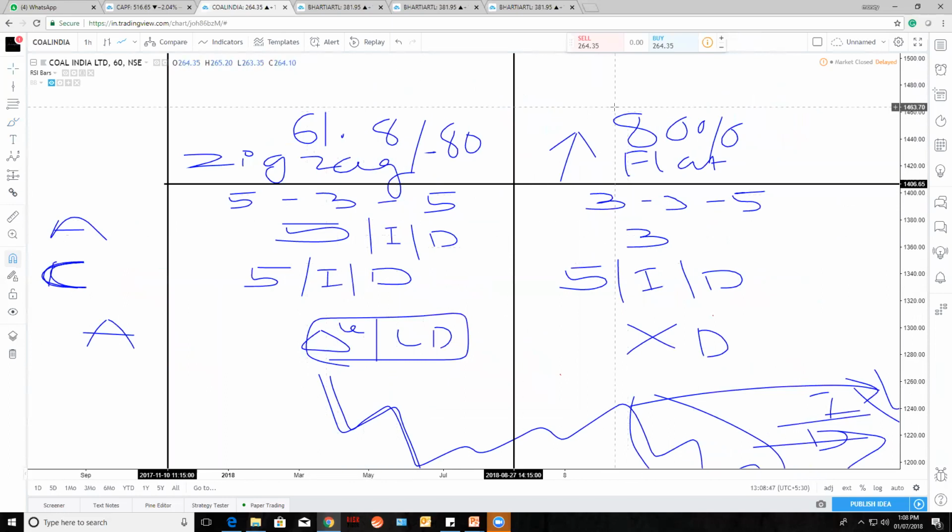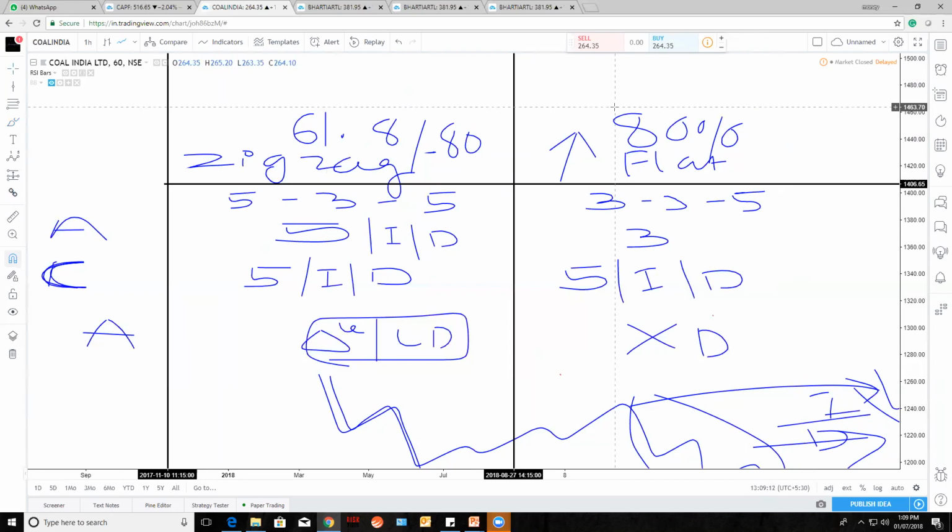The major difference between a zigzag and a flat correction is wave A. The remaining will be the same. In a zigzag, it's a five-wave structure, and it might be an impulse or a diagonal. In a flat, it is only a three-wave structure, and C remains the same for both.